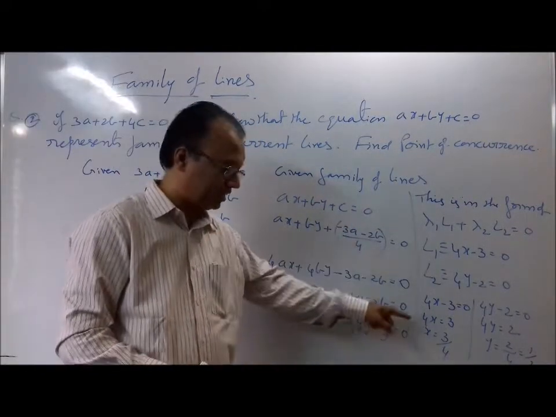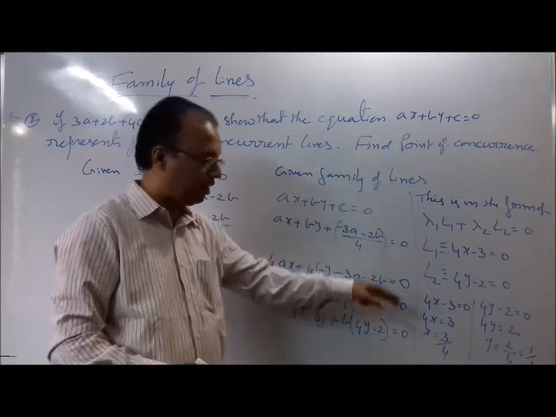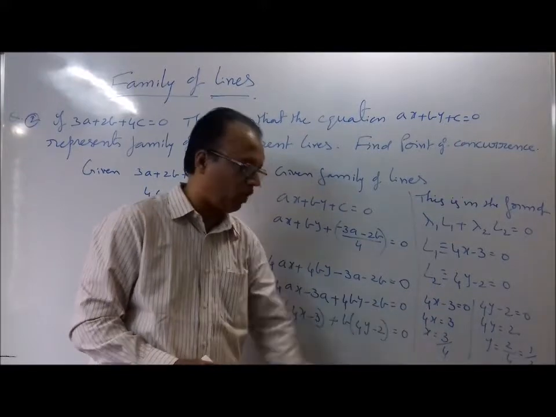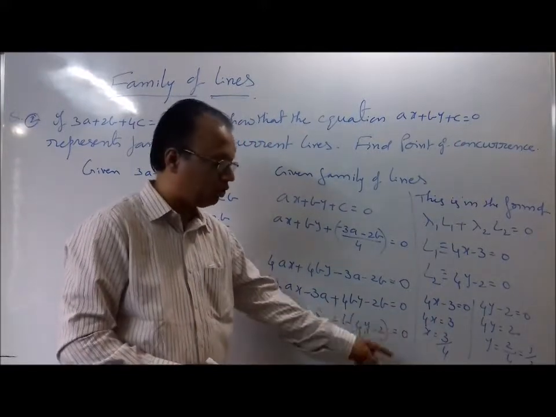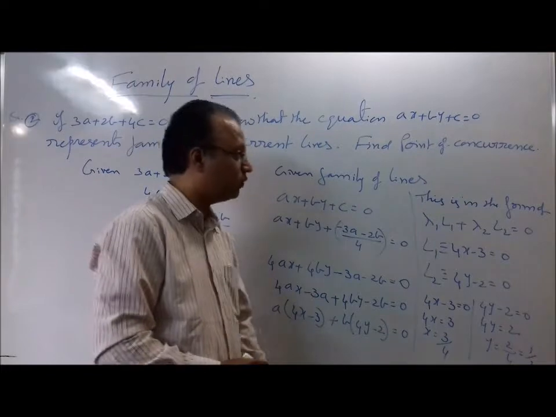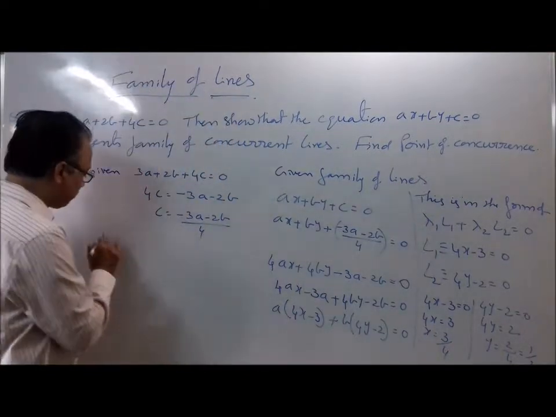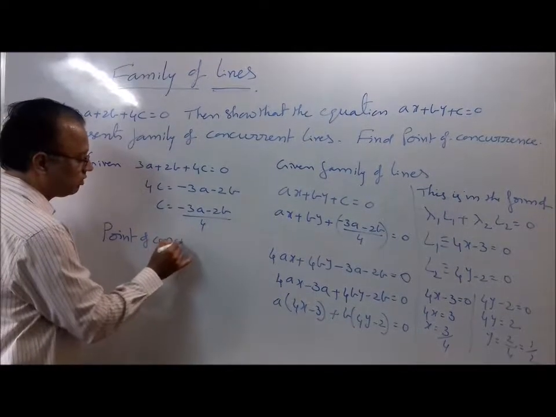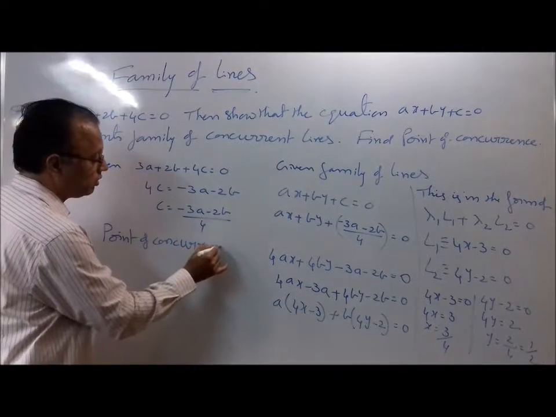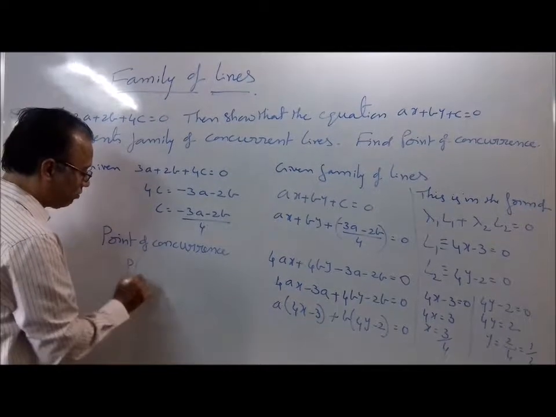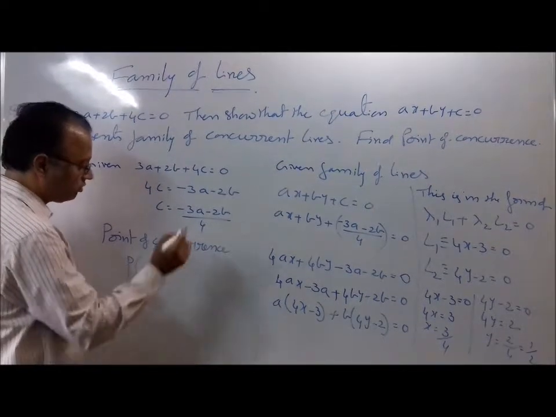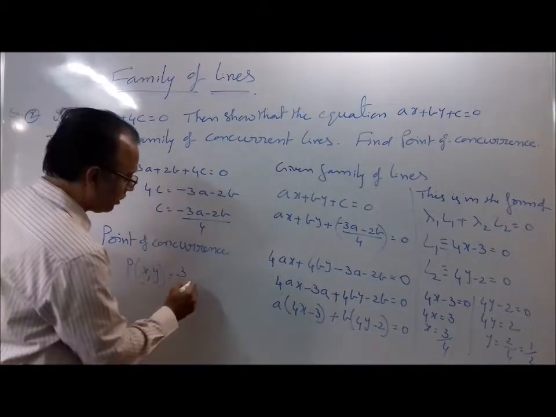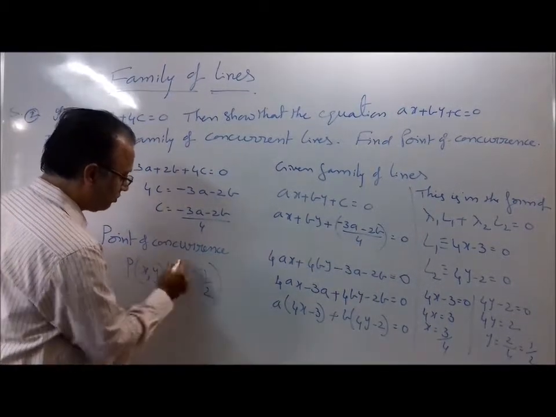So the point of intersection, or in this case for the family of lines, the point of concurrence is P(x, y) is 3 by 4 comma 1 by 2. Therefore the point of concurrence for the family of lines is P(x, y) is 3 by 4 comma 1 by 2.